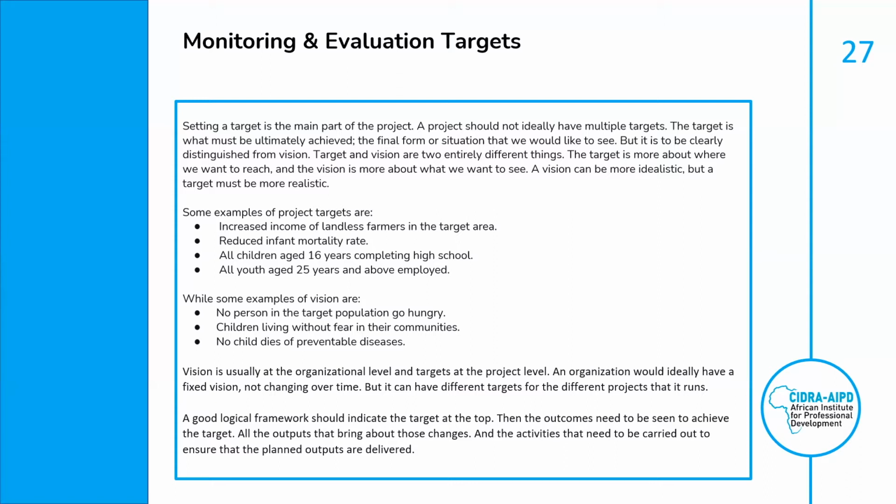A good logical framework should indicate the target at the top, then the outcomes that need to be seen to achieve the target, all the outputs that bring about these changes, and the activities that need to be carried out to ensure that the planned outputs are delivered.